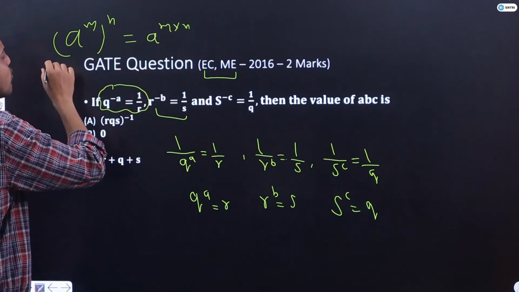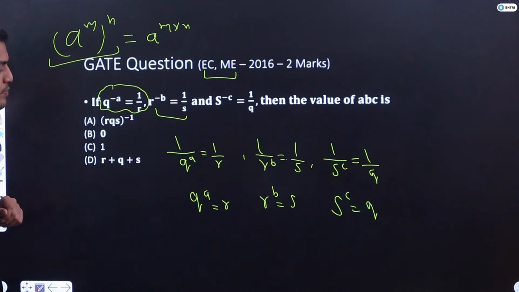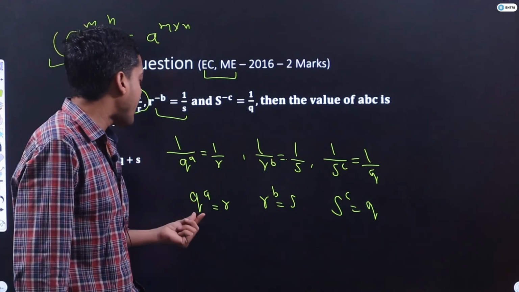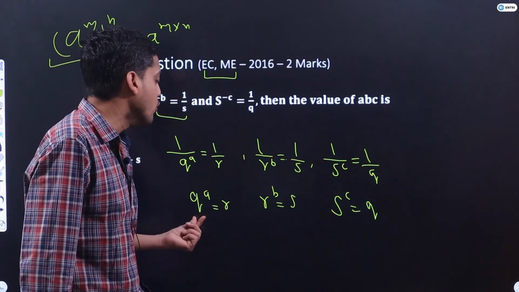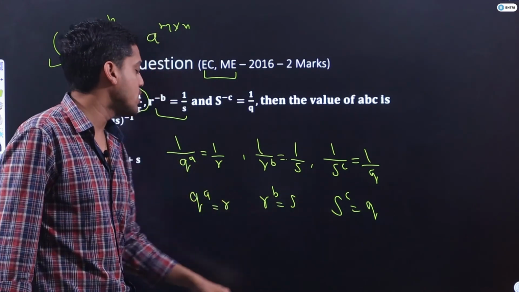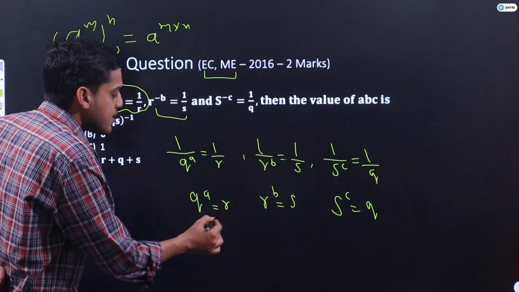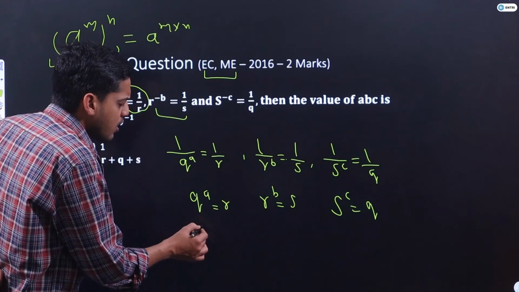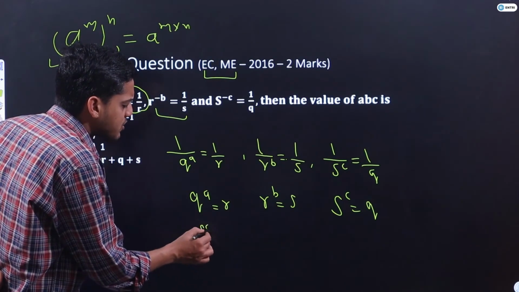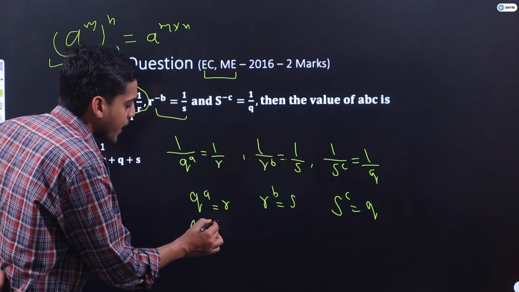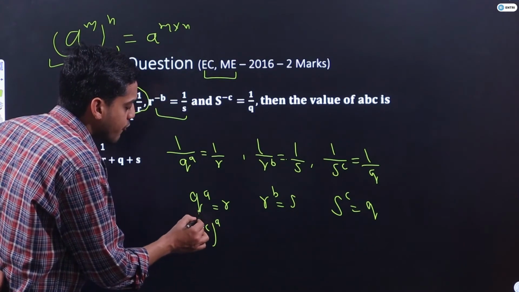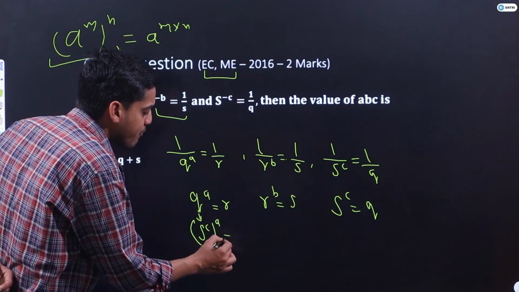So just think around this, guys. If I place the value of q equal to s to the power c, then q is s to the power c, whole power a. I have placed the value of q only. Do you agree with me?